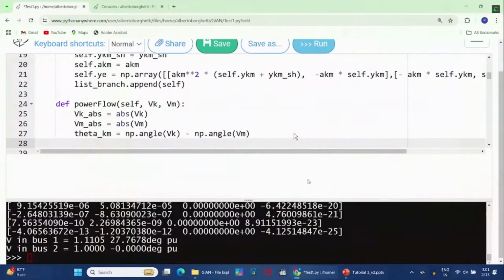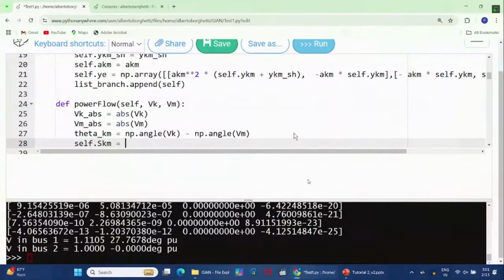Then we can write the equations, and they need to be accessible also outside the object, so it is better to store them in self. We can say the complex power Skm, that is going from K to M, and how can we write this?